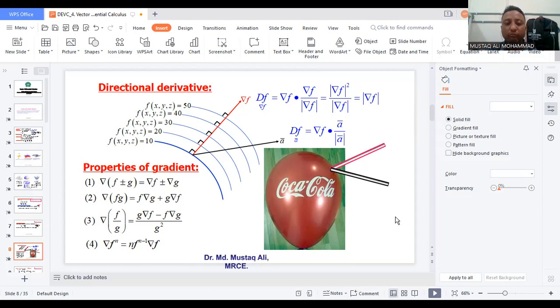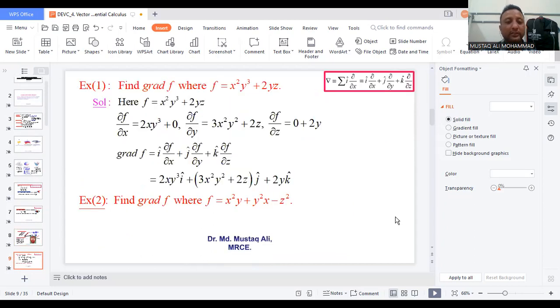Del of f by g is g del f minus f del g by g square, like the u by v formula. Del of f to the n is n f to the n minus 1 del f. These are the same properties as our derivatives; it satisfies all the partial derivative formulas.